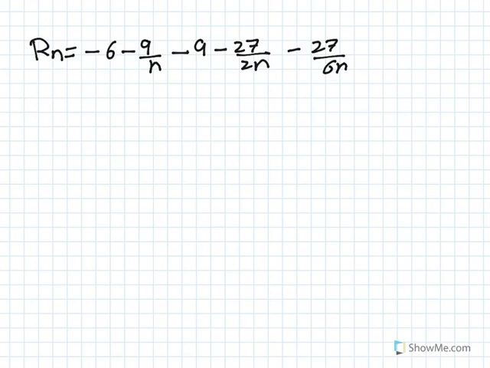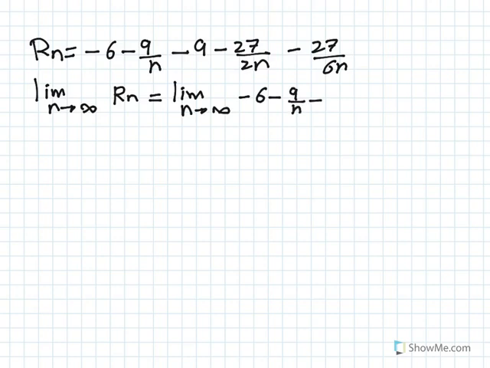Now we're going to be taking a limit as n goes to infinity. So let's take the limit as n goes to infinity of Rn. That's going to be the limit as n goes to infinity of minus 6 minus 9 over n, minus 9 minus 27 over 2n, minus 27 over 6n.